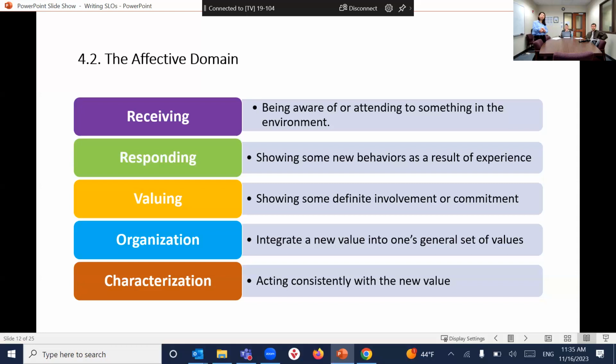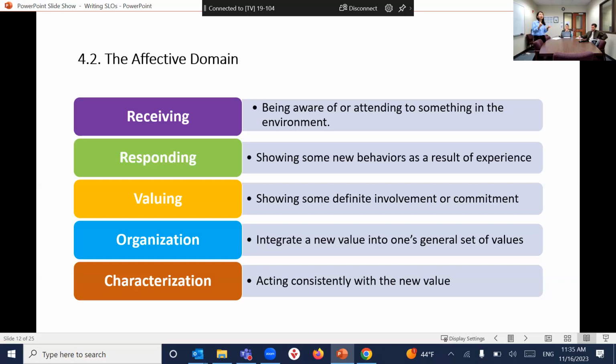And organization: once they have their own ideas, they may organize what they have and integrate this new idea into the existing ones. For example, if the students have learned a new ESCO standard, an ESCO implication from the teacher, then accepting that ESCO standard could be considered as organization.